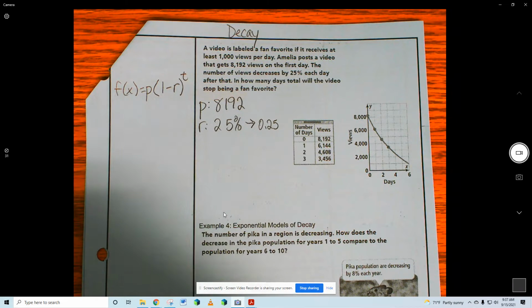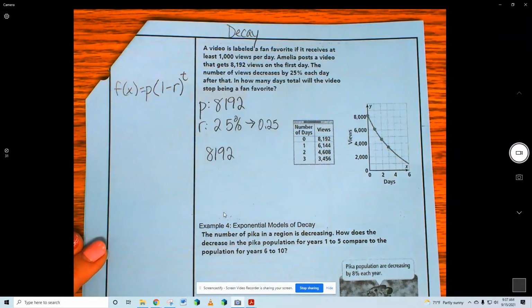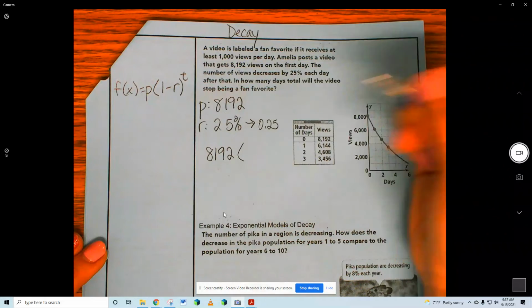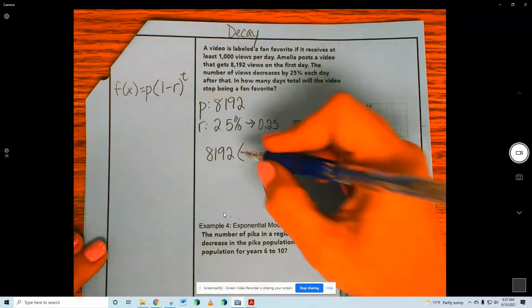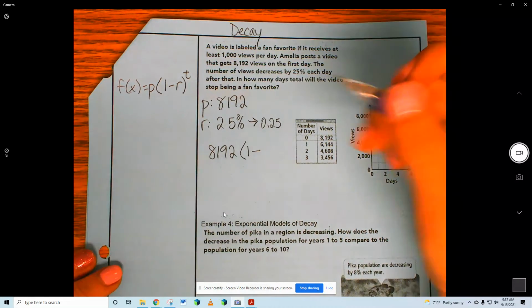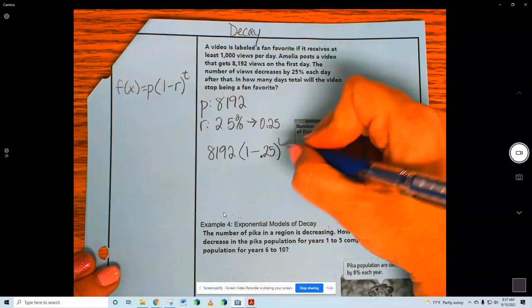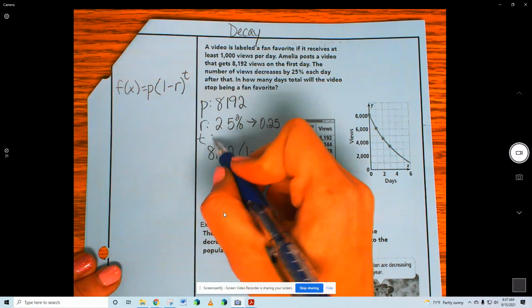So let's just write the equation, okay? My first day, 8,192. And then it's decreasing, 1 minus 0.25. And it says how many days? We don't know. Time, T, we don't know.